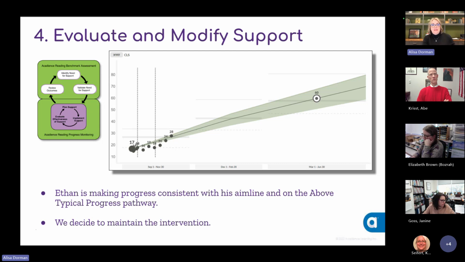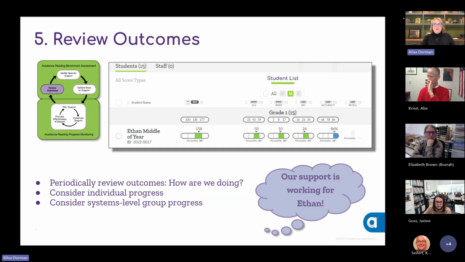And as long as Ethan maintains this level of progress week to week, we will see him achieve not only the goal that has been set for him, but in Acadience, we talk about growth percentiles by using a term, pathways of progress. And we can see that he is also going to make typical progress, above typical in this case, compared to his peer group. So we're able to look at this in the 5-step model by coming back the next time we test him.